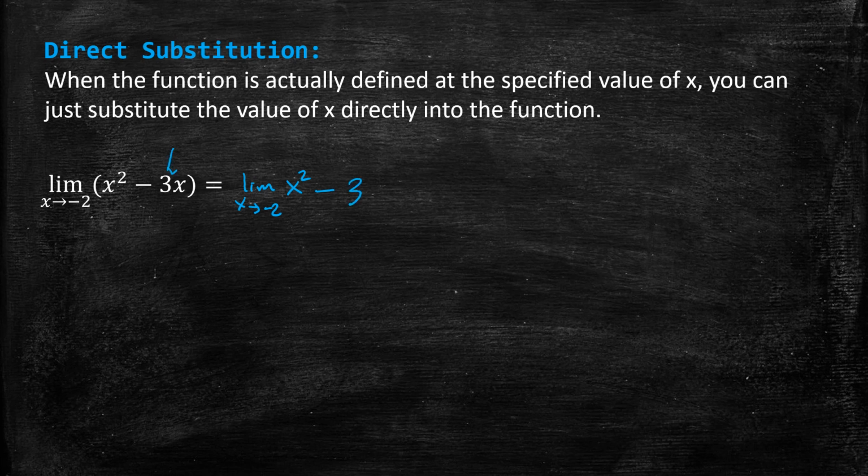We could even put that 3 in front, bring that out of the limit, and then at that point we can just plug in. So the limit of x squared as x goes to -2, that's legal, minus 3 times the limit of x as x goes to -2, just plug in -2. We get 4 plus 6 is 10.